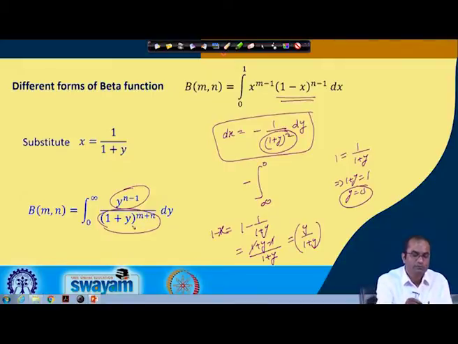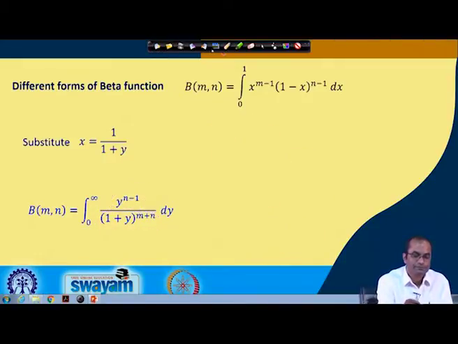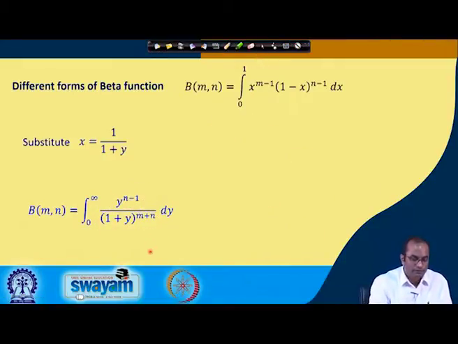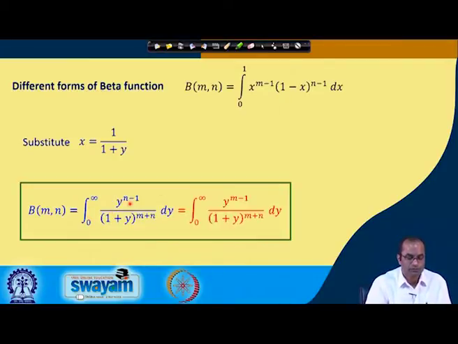So, this is another form of the beta function given here, y power n minus 1 and 1 plus y power m plus n, and we should note that with this substitution the integral limits changed completely. In the original integral it was 0 to 1, but this is also the same function, having this 0 to infinity now into the picture.